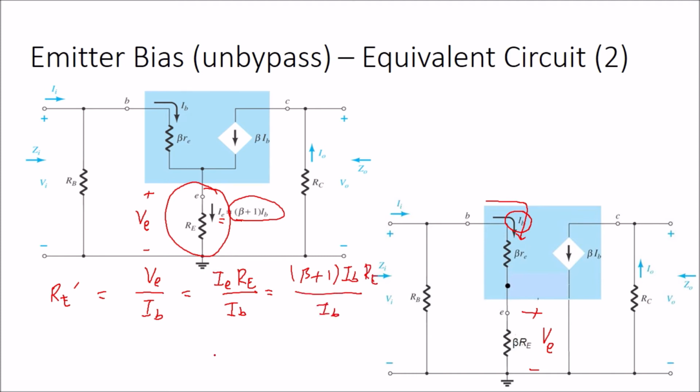So you're going to have the value of beta plus 1 times RE. To make our analysis easier, we're going to make an assumption that beta plus 1 is nearly equal to beta. So you're going to have beta times RE. So that's why the new RE is equal to beta RE.